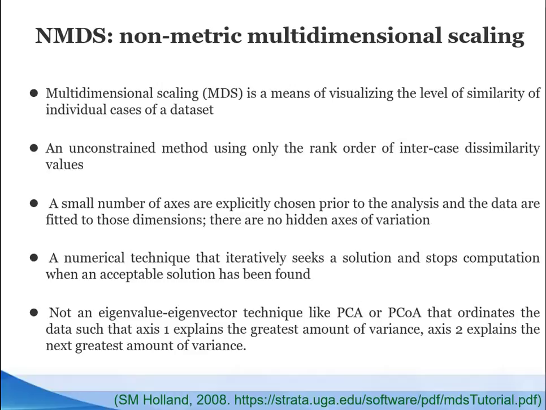When we conduct non-metric multidimensional scaling analysis, a small number of axes are explicitly chosen prior to the analysis, and the data are fitted to those dimensions. There are no hidden axes of variation. It is based on a numerical technique that iteratively seeks a solution and stops computation when an acceptable solution has been found.